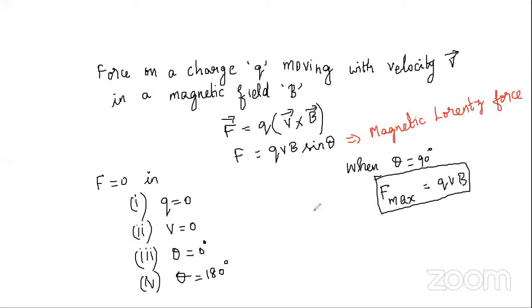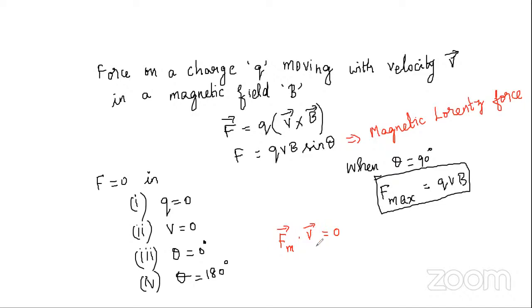When you take the dot product of this magnetic Lorentz force with the velocity of the charged particle, you will get 0.